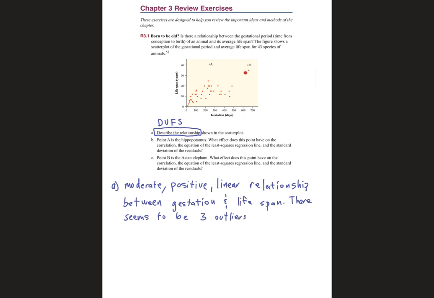Okay, these two are, we could call just generally influential points. Really all three of these are influential points, but especially A would be more of an influential point.